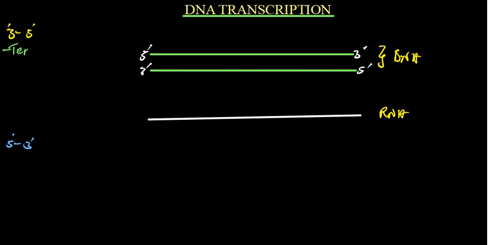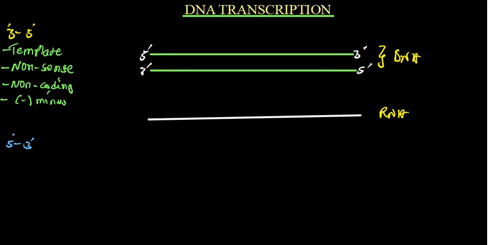So it has complementary bases to the RNA which we want to produce. It's also known as the nonsense strand. It's also known as the non-coding strand. The non-coding strand is also known as the minus strand.